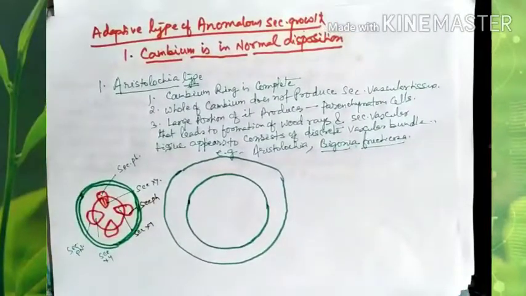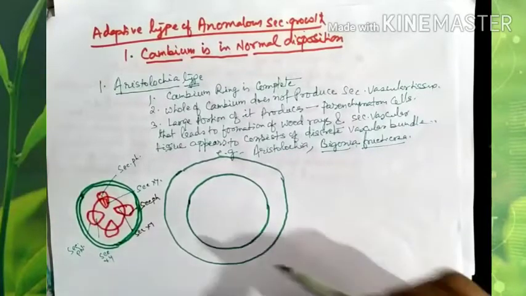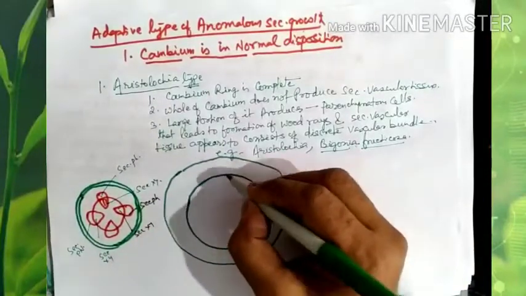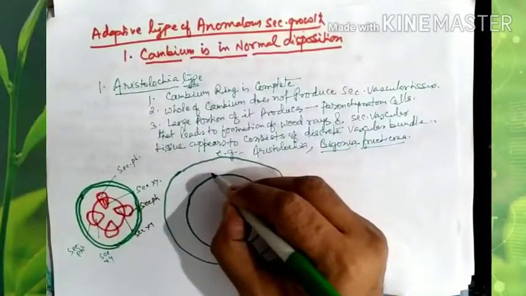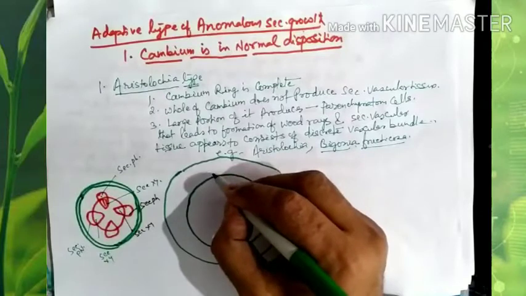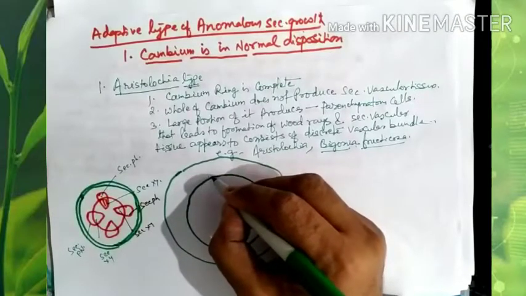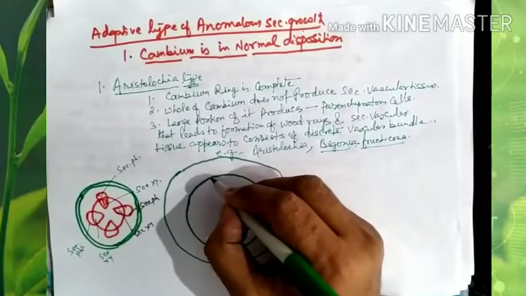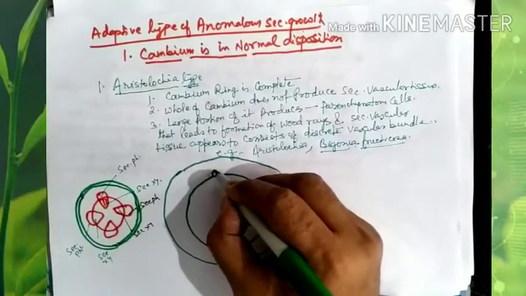What happens? It starts to cut a very large amount of xylem and phloem compared with the normal pattern.